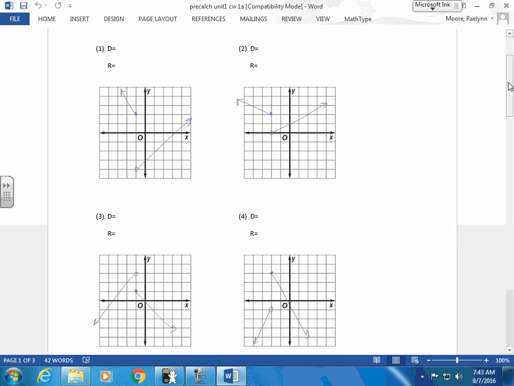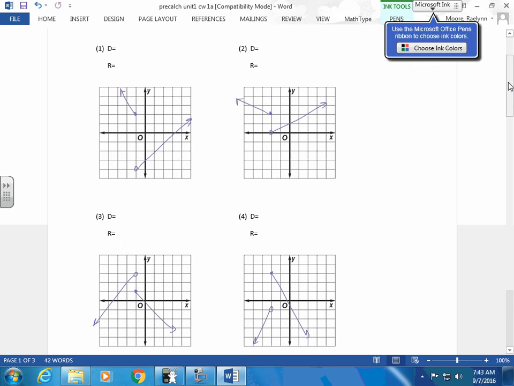All right, so when we look at this, it's important that we note that this is a function. If we dropped a vertical line, this one's closed, this one's open, so it is a function. What would my domain be for this?